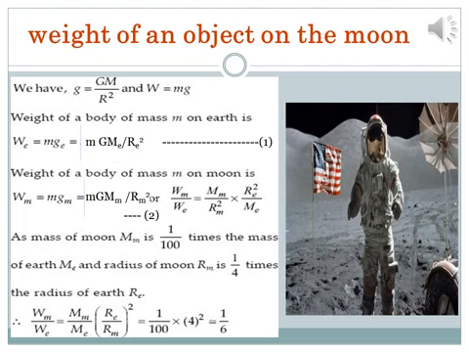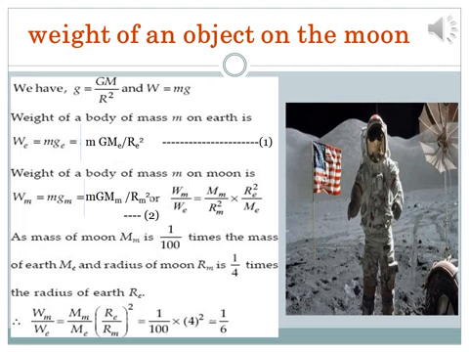We know that mass of the moon Mm is 1 by 100 times the mass of the earth Me and its radius Rm is 1 by 4 times the radius of the earth Re.